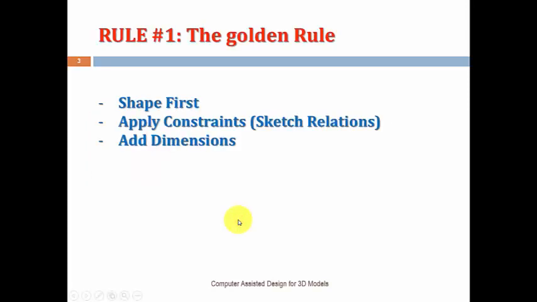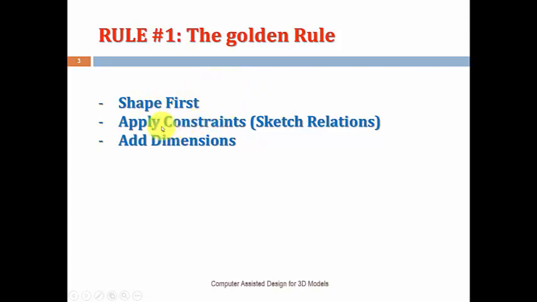Rule number one, which I would like to call the golden rule. When you start 3D modeling, always take care of the shape first. Roughly, we sketch the shape of the model that we want to create.